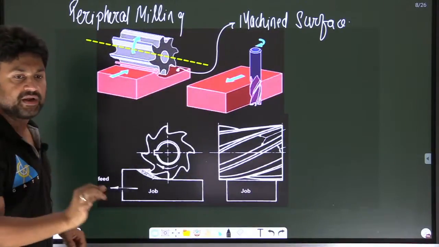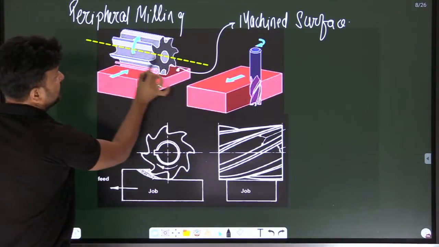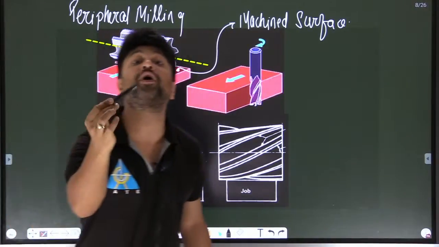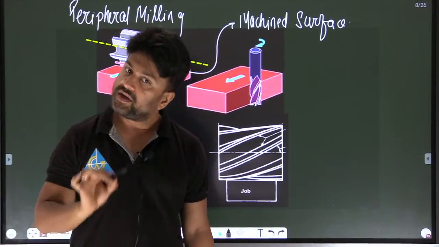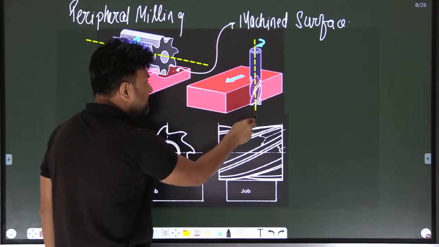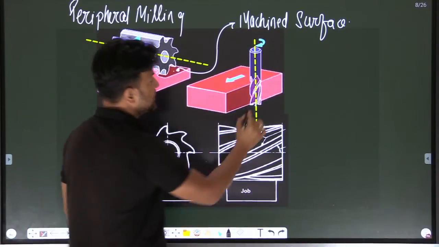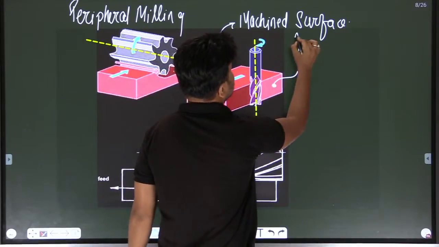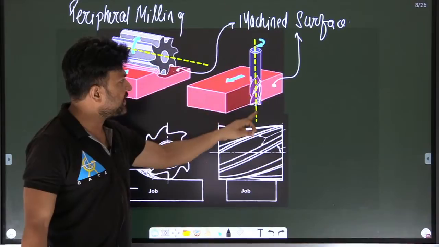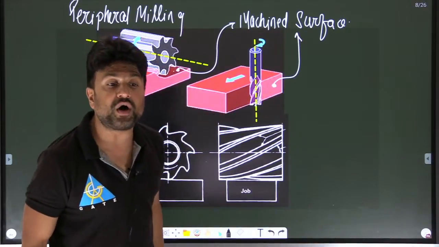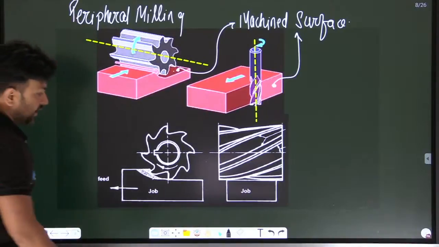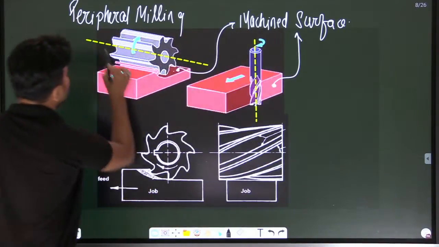In peripheral milling, you can see the milling cutter axis is parallel to the machine surface. Here also, this is the milling cutter axis and this is the machine surface, parallel to the machine surface. So that's why we call it peripheral milling.